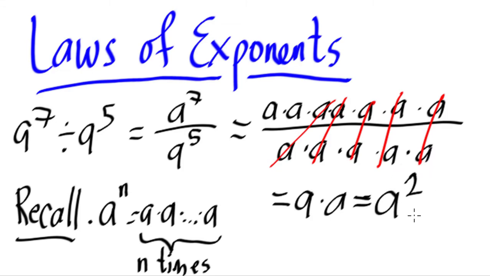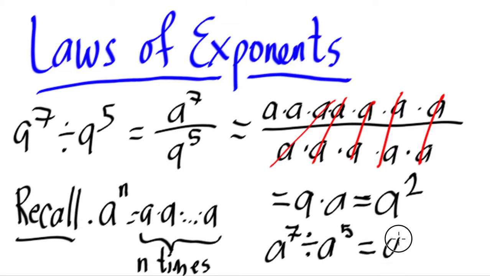So in such a way we can see that in short, a raised to 7 divided by a raised to 5 is equal to a raised to 2.